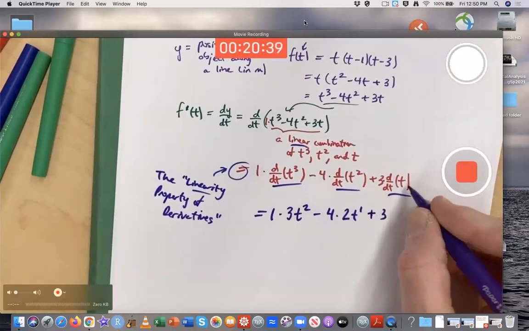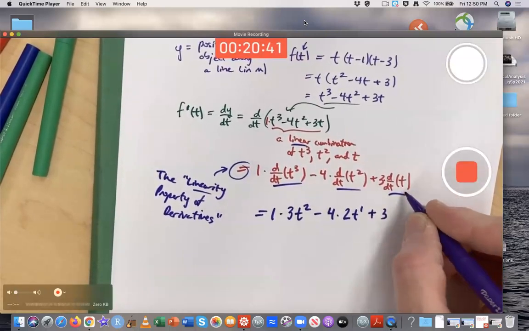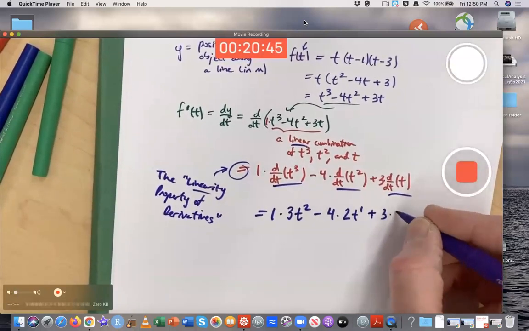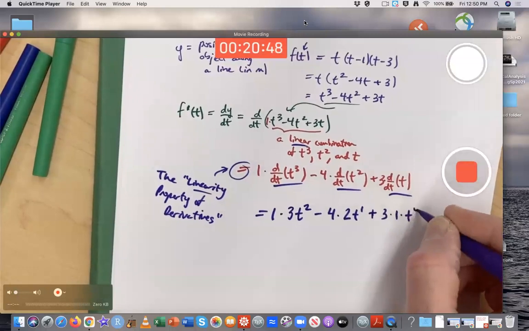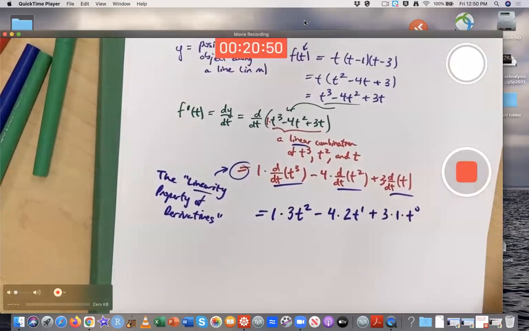With this one, the n is 1. This is t to the first. So bring that 1 down in front, subtract 1 from the exponent, you got t to the 0. Is t to the 0 1? Yeah, it's a trick question, actually. It is 1 if t is not 0.